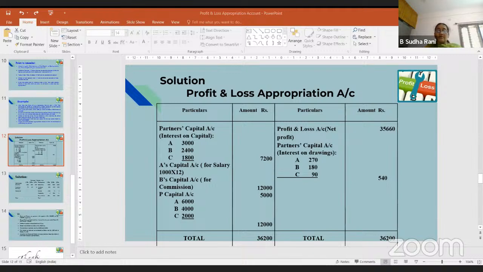From the next class onwards, I'll give you examination tips. Like now I showed you the profit and loss appropriation account. Debit side you take this, credit side you take this, and do not take capital or drawings in the P&L appropriation account. In such a way I'll explain with examples.